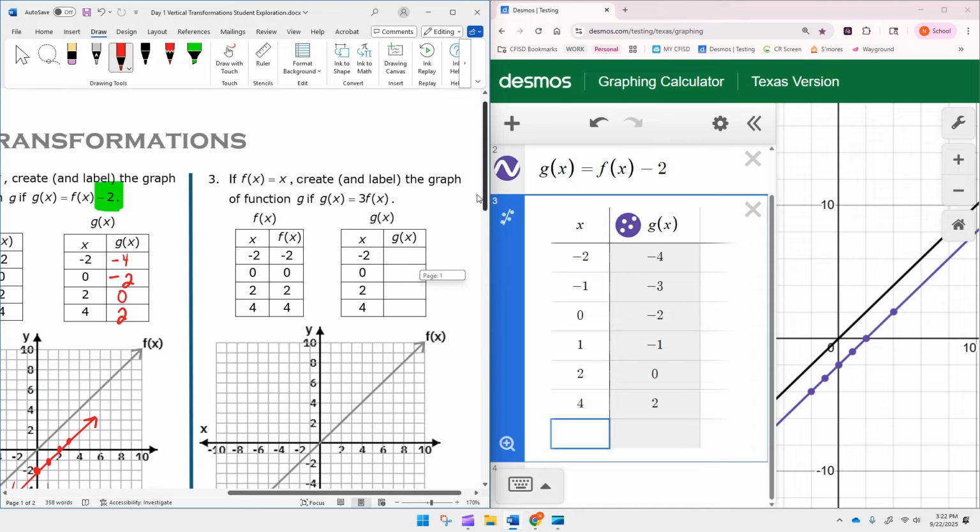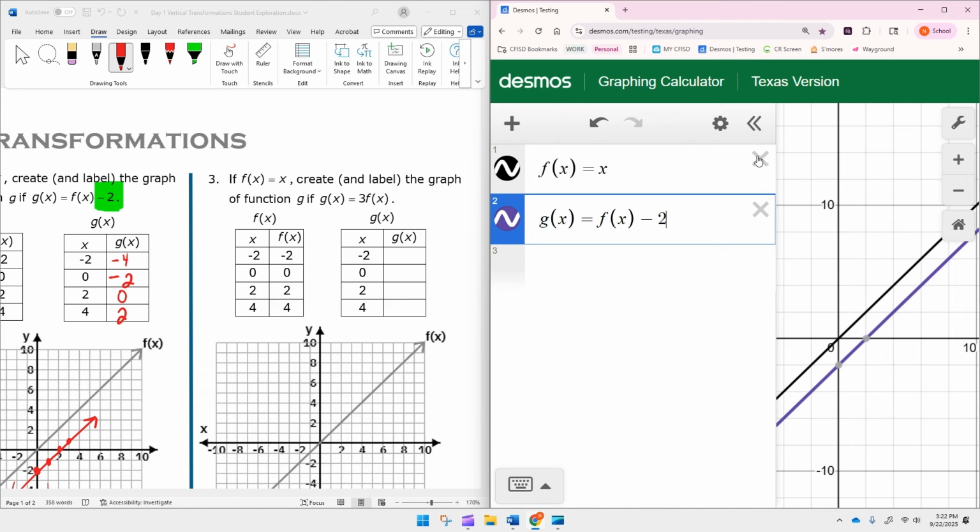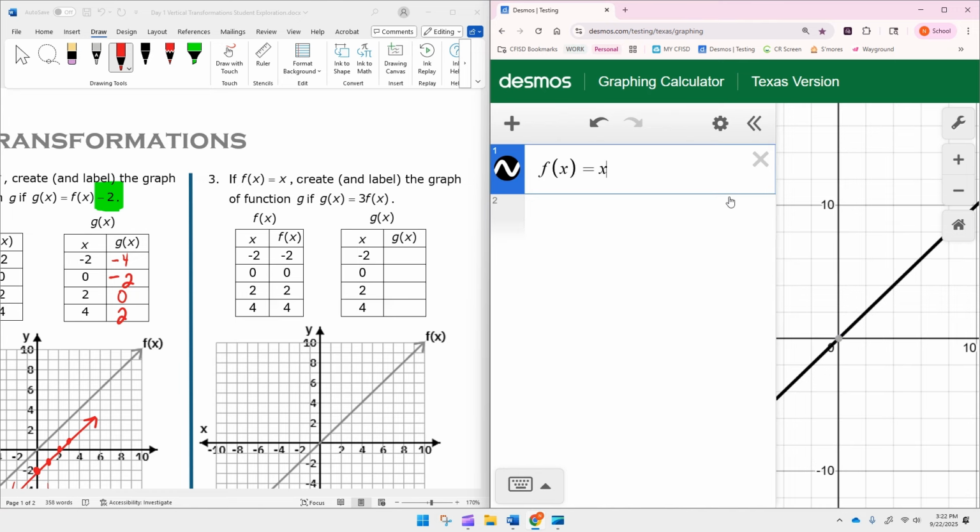Now, number 3 is unique. So let's talk about number 3. Because if you notice, in 1 and 2 we're either adding or subtracting to the parent function. So that's x plus 2 or x minus 2, and we shifted vertically up or vertically down. Number 3, if we notice, we're multiplying on the parent function.